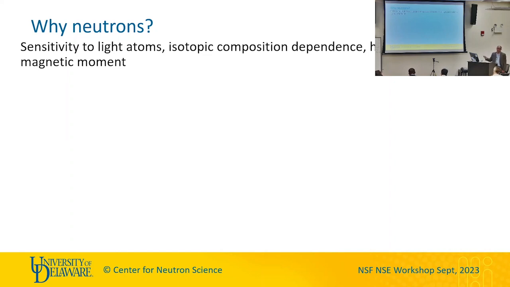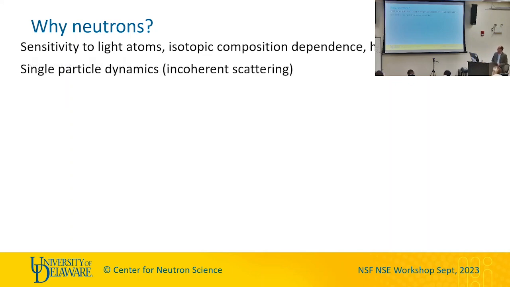They also have a magnetic moment that makes them a probe of choice to investigate magnetic systems at the nanoscale. However, again, this is a soft matter school, so for the time being, we will forget about it.